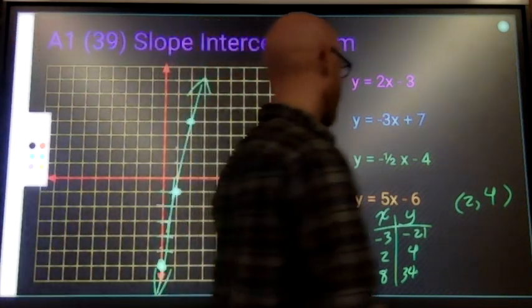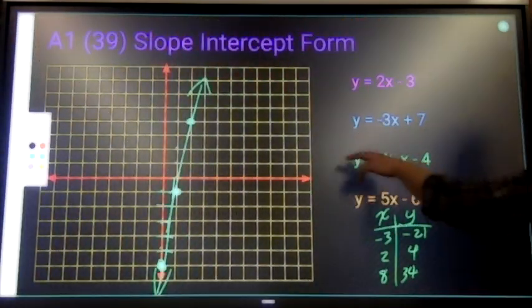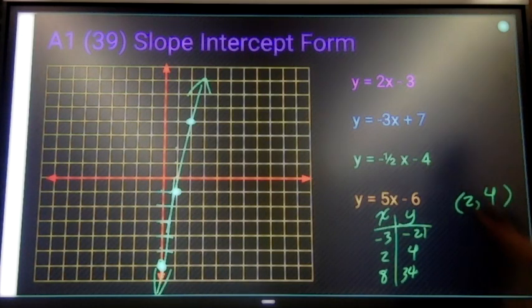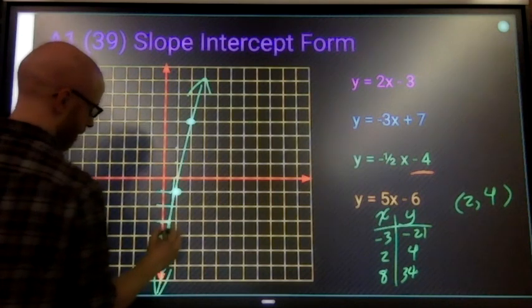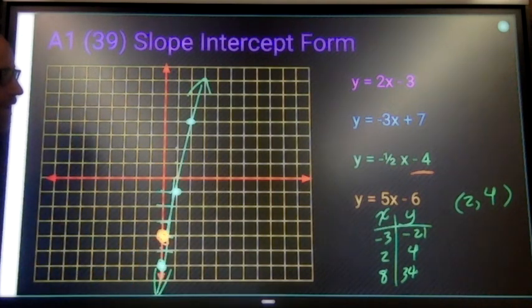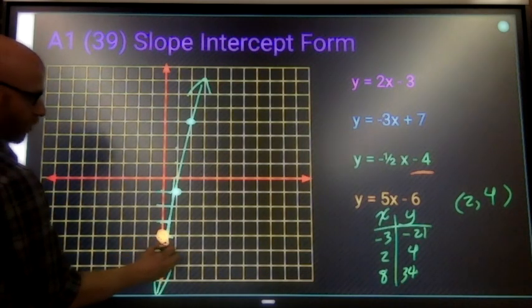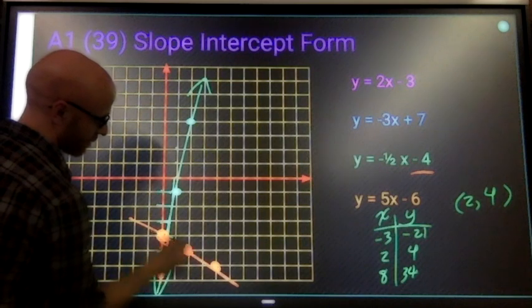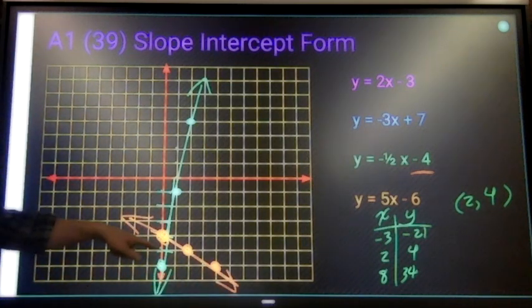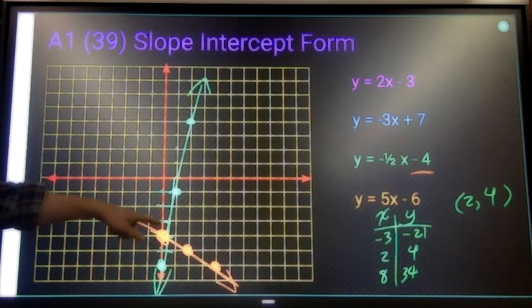All right, I used green for orange, I'll use orange for green. If I want to graph this, where am I crossing the axis? I'm crossing the axis at y equals -4. What's my slope? My slope is -1/2. Down 1, forward 2. Down 1, forward 2. That's the green equation.